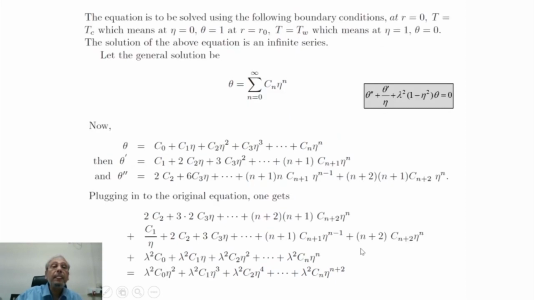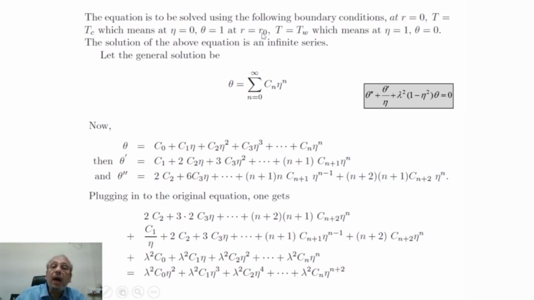The equation is to be solved using the following boundary conditions. At r equal to 0, T equal to Tc, which means at eta equal to 0, theta equal to 1, because theta is given by T minus Tw divided by Tc minus Tw. So at r equal to 0, T is Tc, so at eta equal to 0, theta equal to 1.